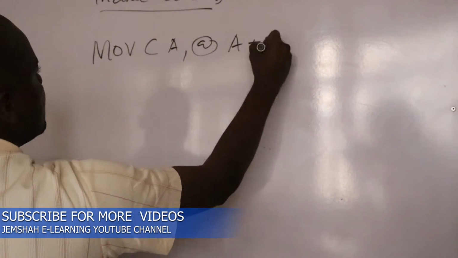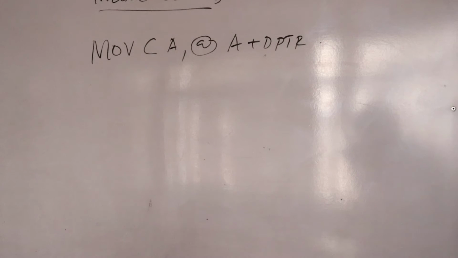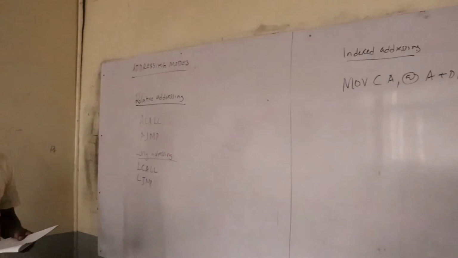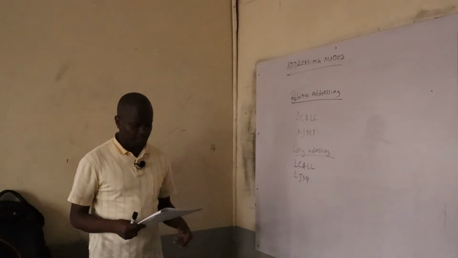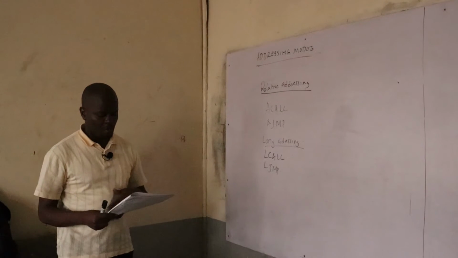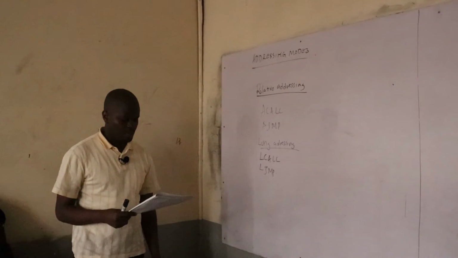You can have an instruction like MOVC A, @A+DPTR. This instruction is used to move a byte of data from code memory to the accumulator, and the address in the code memory is found by adding the accumulator to the data pointer.